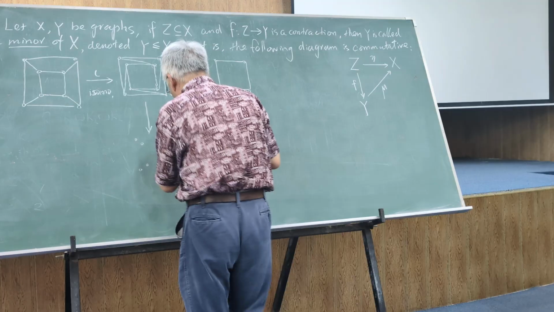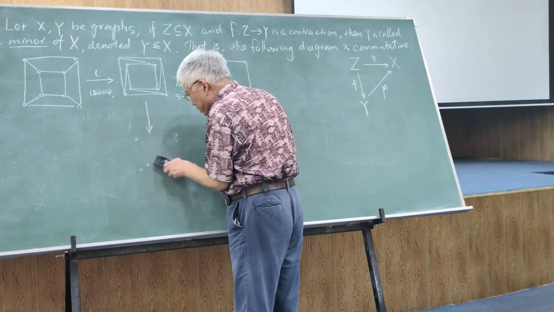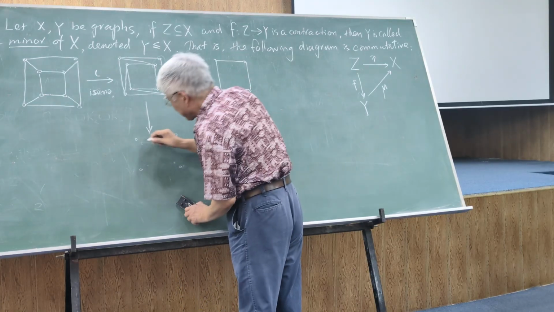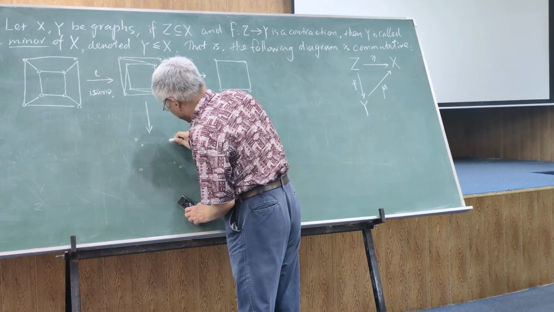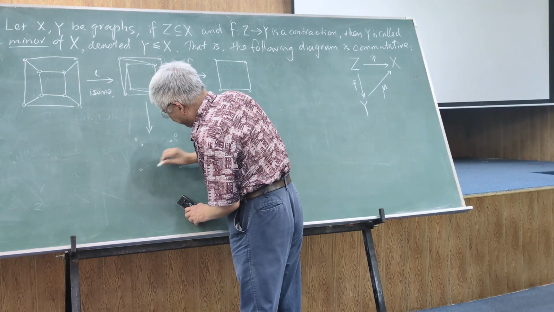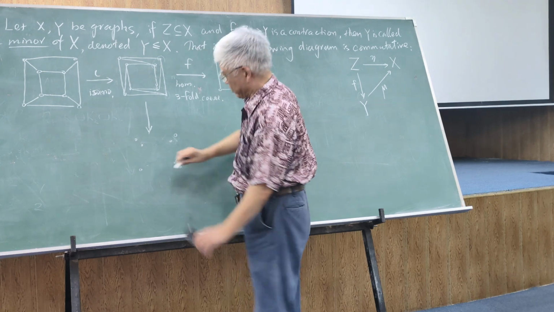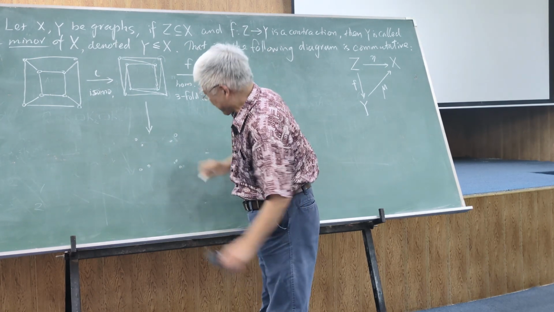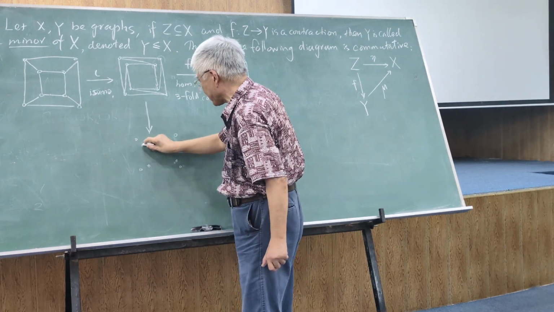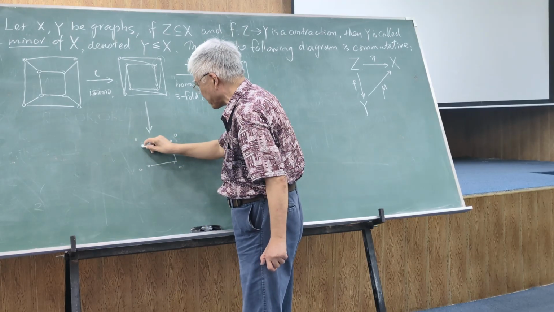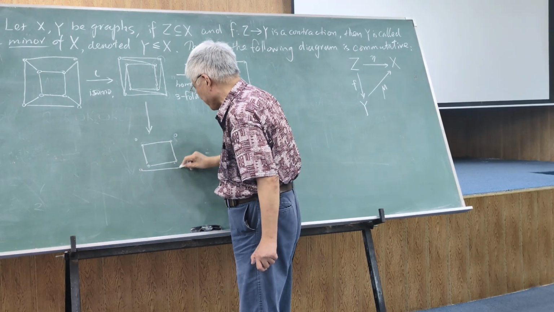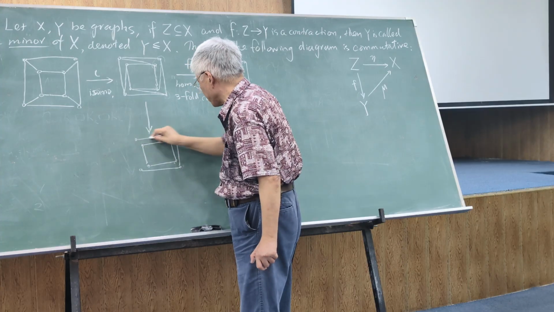I want to really shift this slightly to the left. And then we still have the circuits of length 4, the two-dimensional cubes here, one copy, another copy, two-dimensional cube.